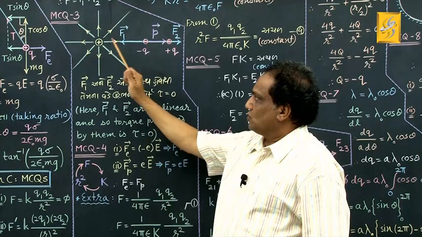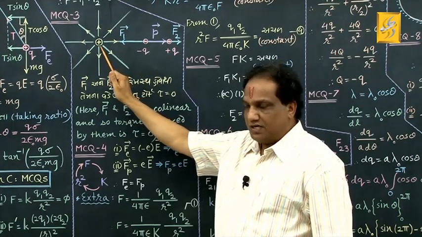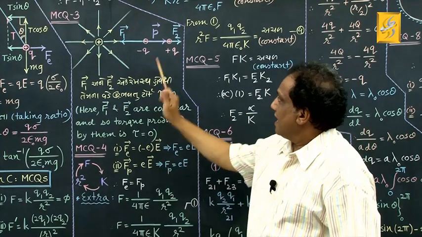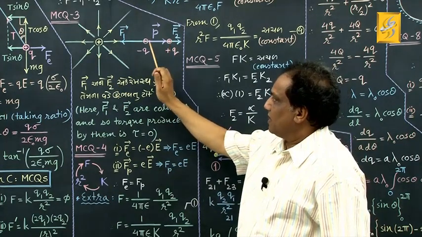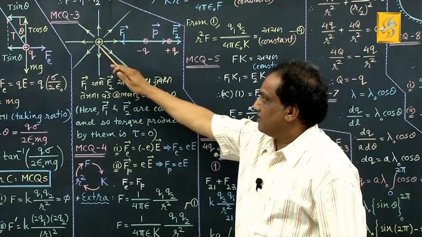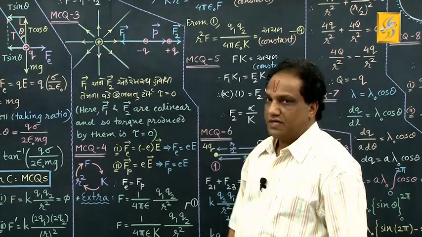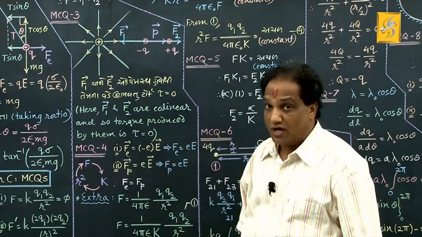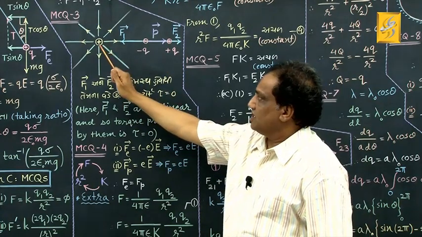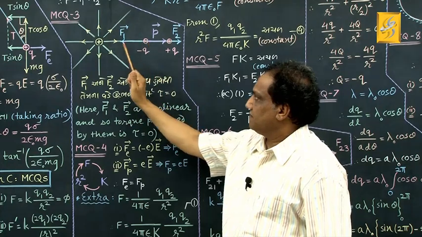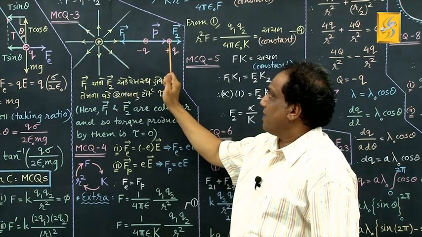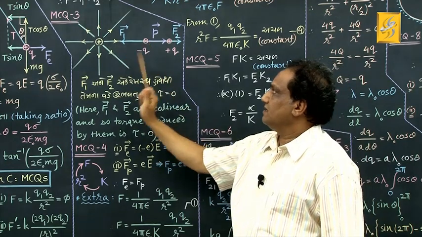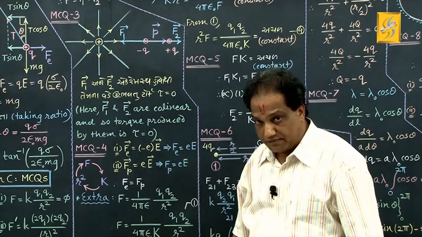This charge is closer to this positive charge, so this attractive force is greater, and this charge compared to this charge is farther from this charge, and because it is farther, this electric force is smaller. This positive charge will attract this negative charge, this positive charge will repel this positive charge, right? This attractive force is greater, this repulsive force is smaller.